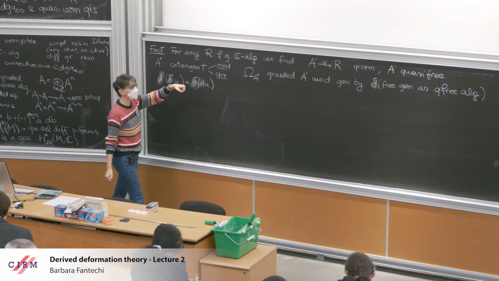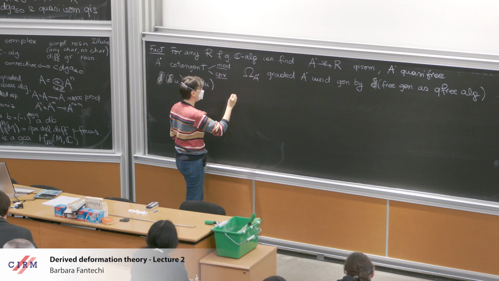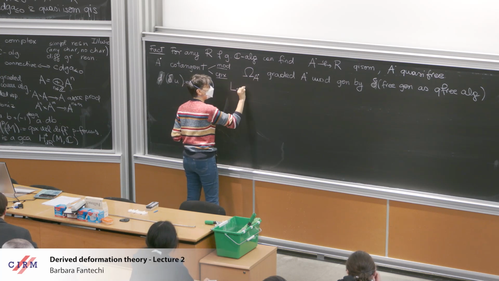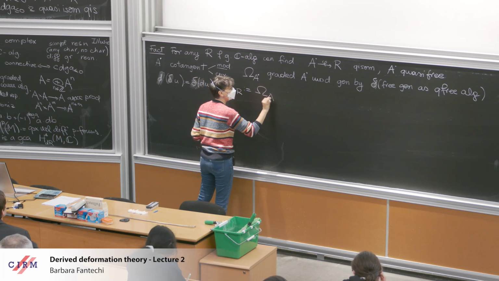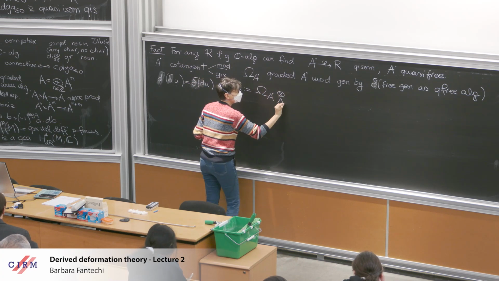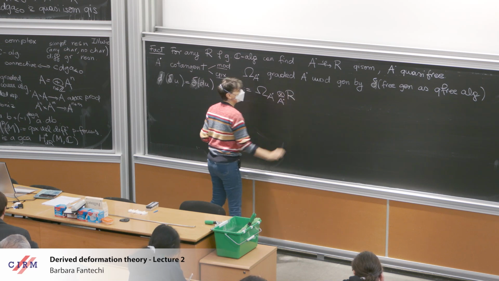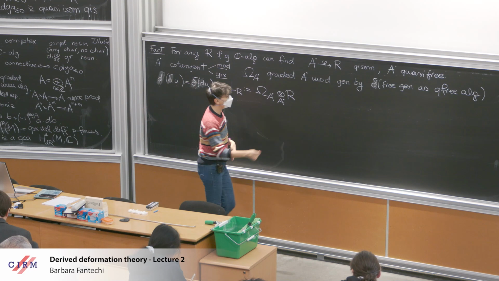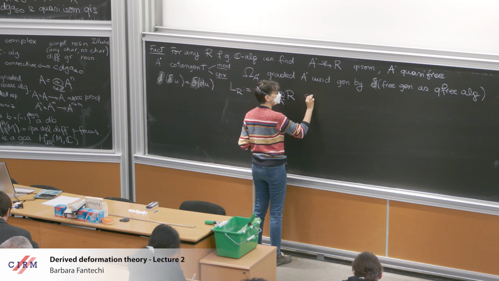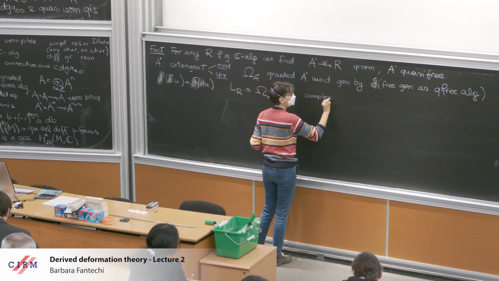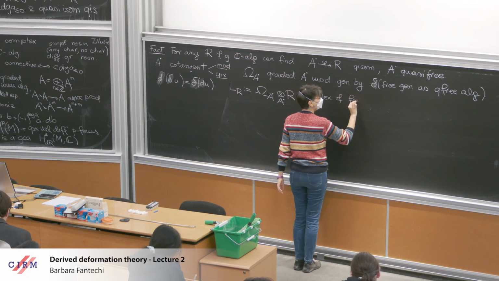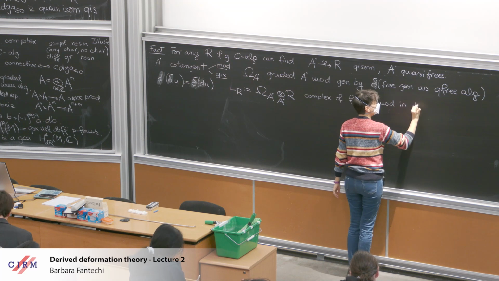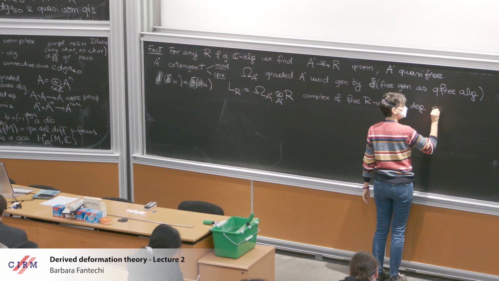But then what I can do is I can pull it back. And I can take L_R to be this tensored with R. And then this is again a complex of free R modules in degrees smaller than 0.